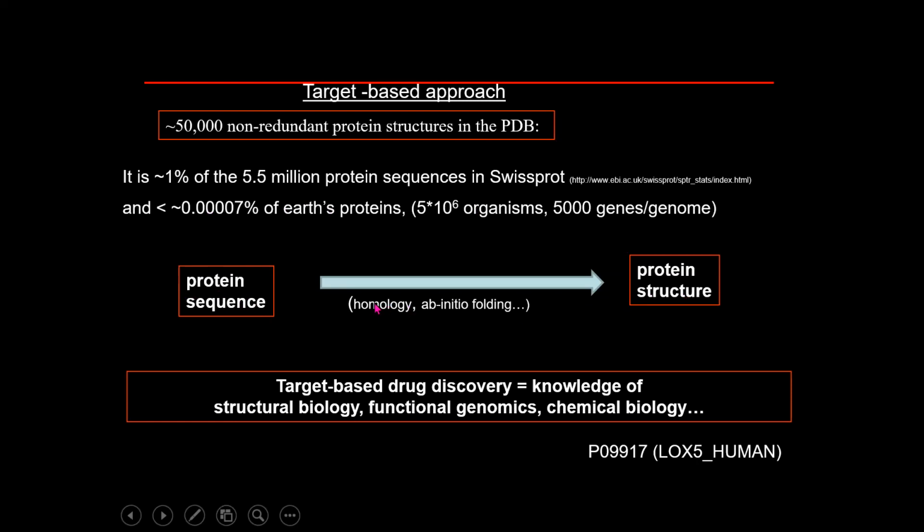So I do this homology modeling. That is how we do. Protein sequences are there in the UniProt or SwissProt database. If you remember, yesterday I talked about this particular database.